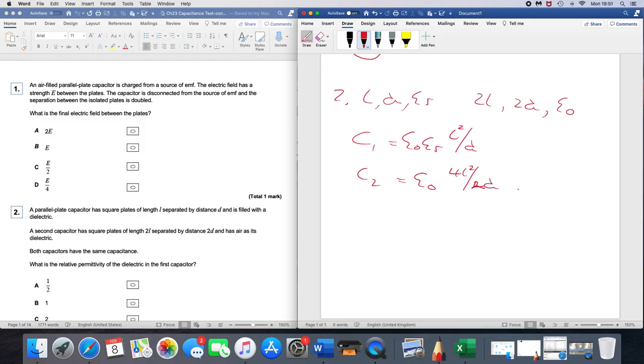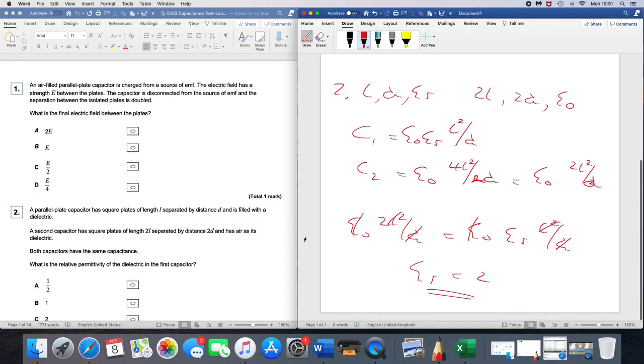And so we have epsilon naught 2L squared over D. So epsilon naught 2L squared over D equals epsilon naught epsilon R L squared over D. So epsilon R equals 2. And so the answer is C.